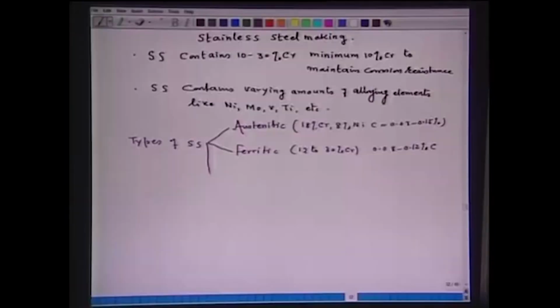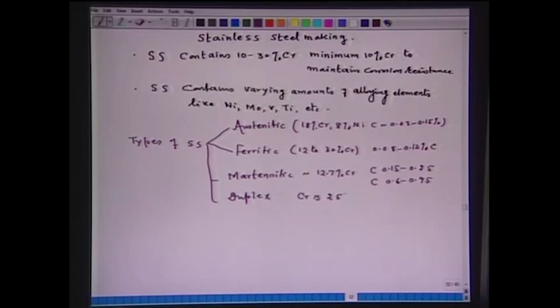Third grade is martensitic, and they have approximately 12.7% chromium. The carbon content may go from 0.15 to 0.25, but certain grades have carbon in between 0.6 to 0.95. Another variation is duplex steels. In the duplex one, chromium is around 25%.